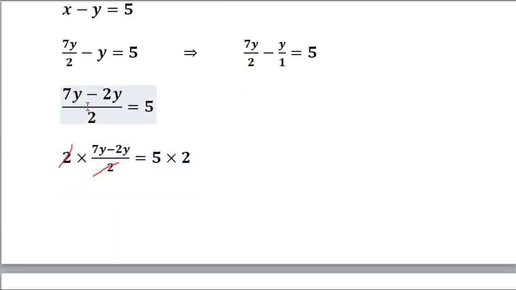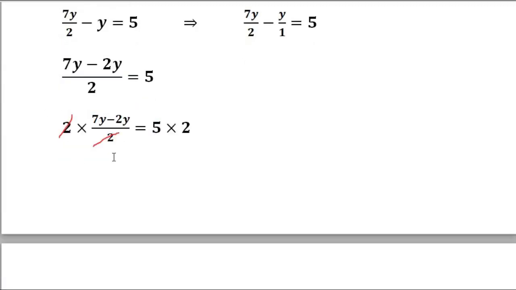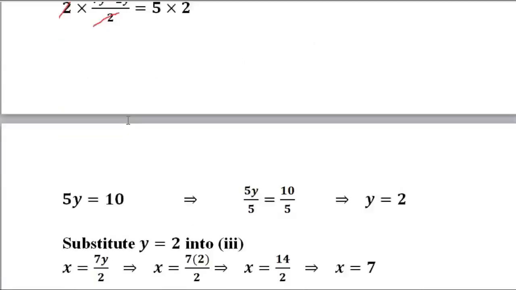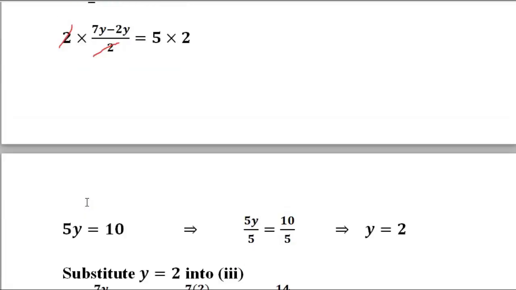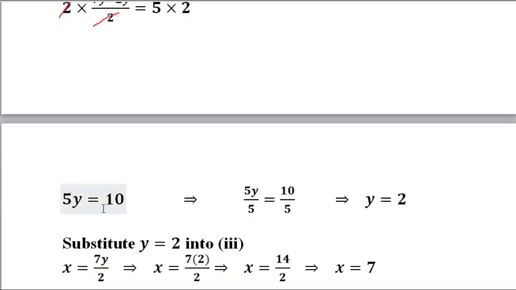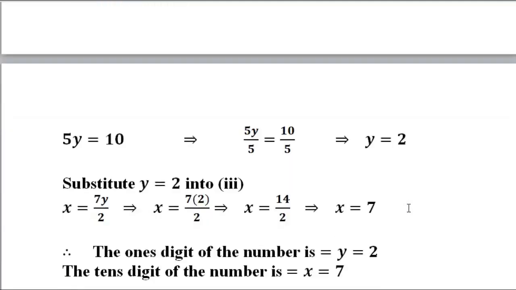To simplify, we need to multiply both sides by 2. We get 7y minus 2y equals 5y, and the right side 5 times 2 is 10. To simplify this equation for the variable y, it's time to divide both sides by 5. We get y equals 2.